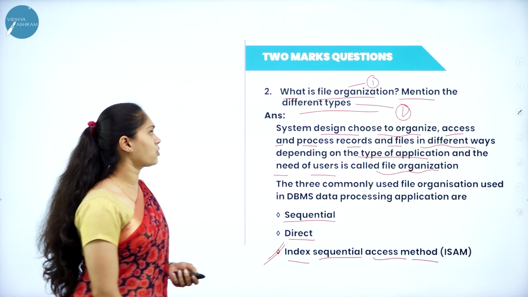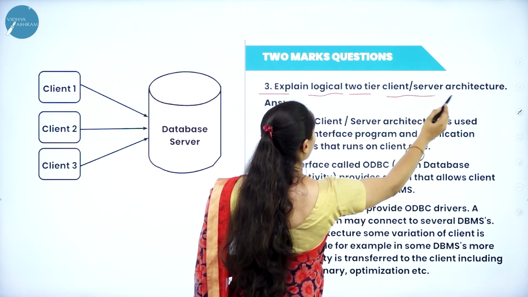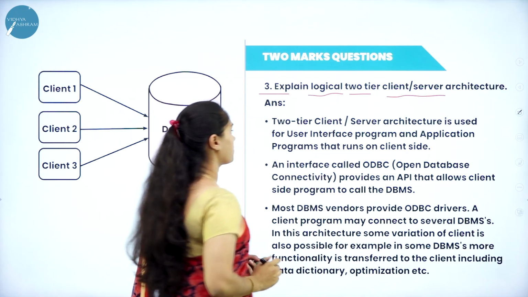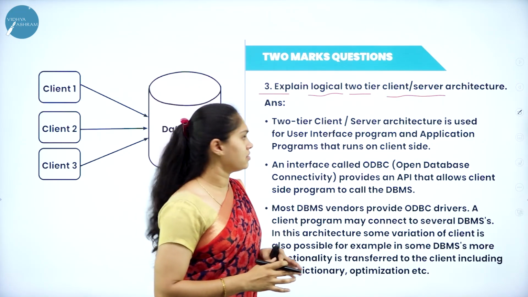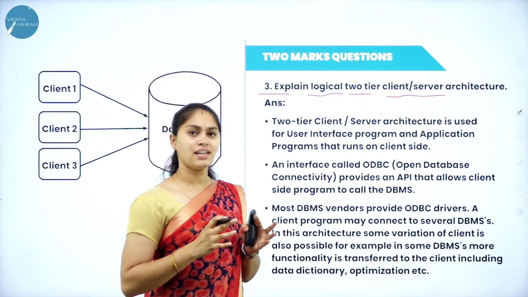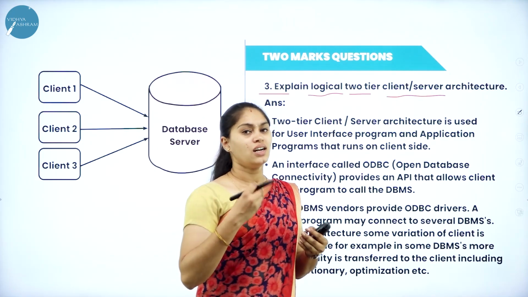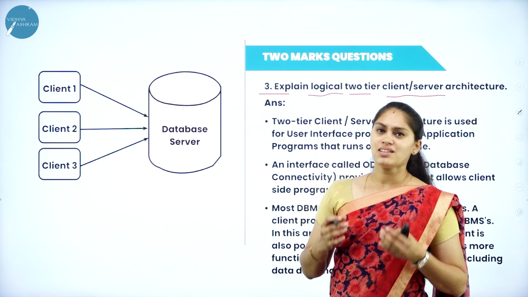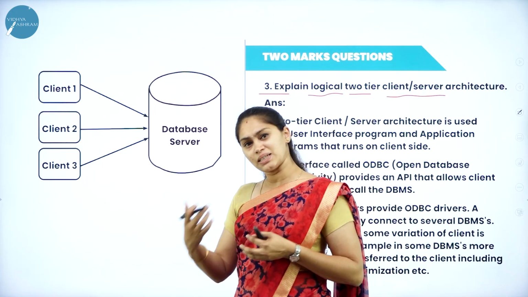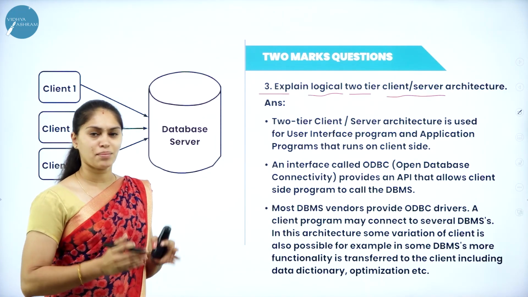Let me move on to the next question, which is regarding explaining the logical two-tier client-server architecture. Here they're asking us to explain the two-level, that is two-tier, client-server architecture. When you are explaining any kind of data model or architecture, it will be convenient if you explain with an example and a diagrammatic representation.